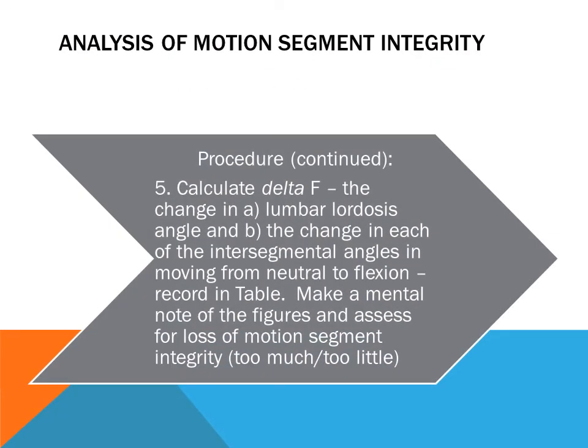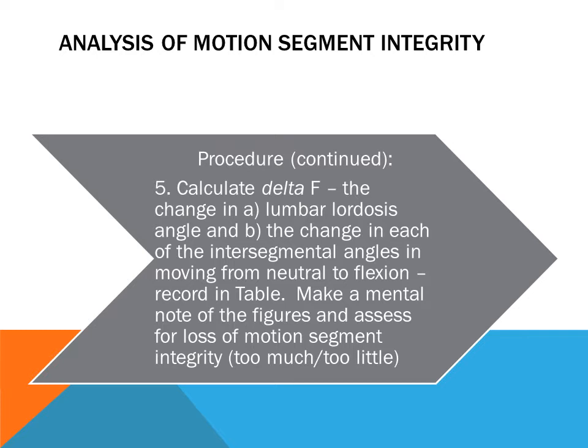Next step. Now we're going to calculate the delta F. Delta F is the change in, number 1, the lumbar lordosis angle, and number 2, each of the intersegmental angles in moving from neutral to full lumbar flexion.